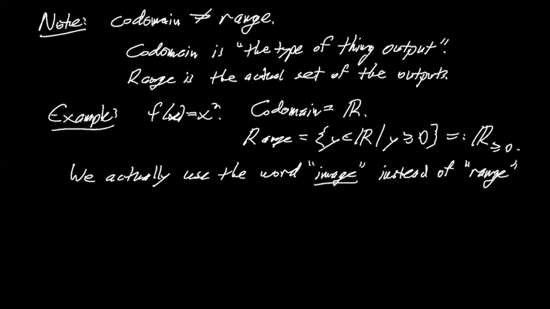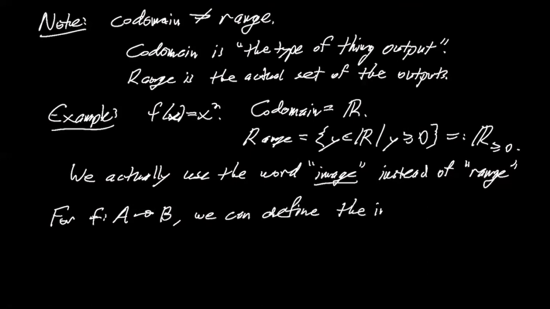And I can give you the definition, if we want to really formalize it. So for f, again, some function f mapping A to B, domain A, codomain B, we can define the image of f very explicitly. Sometimes we just write lowercase im of f, and it equals the following set.